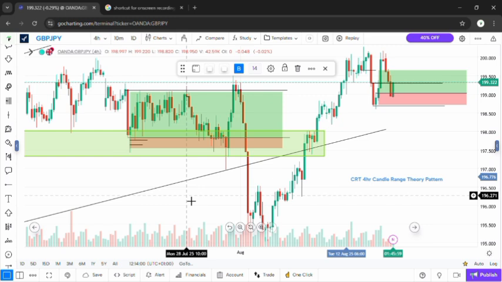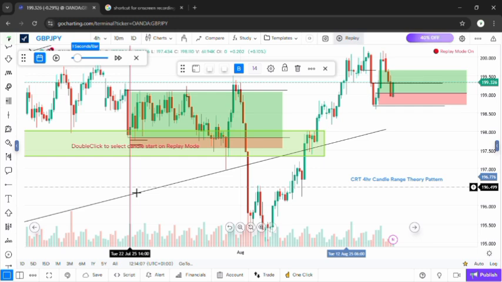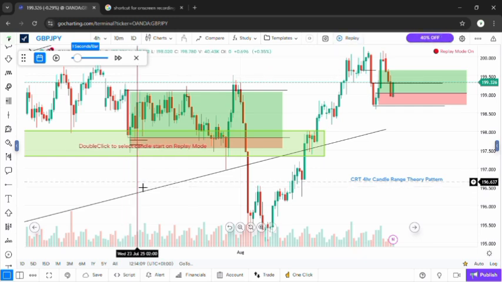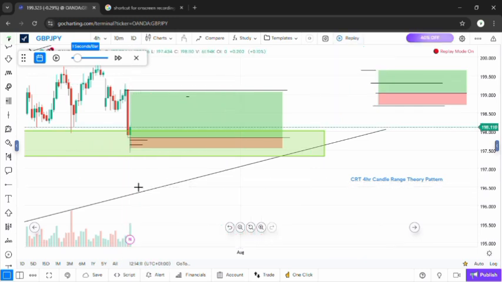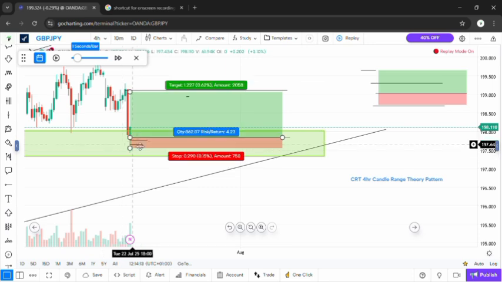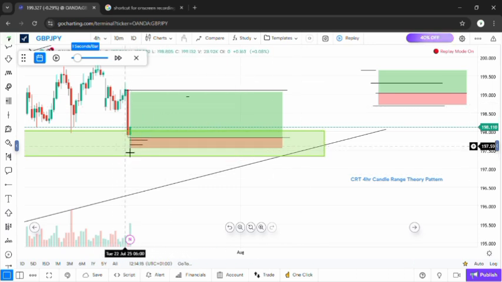Now, if you look at this, okay, so looking at this now, this bearish candle, this red candle, started forming at around 10 a.m. in the morning, 22nd of July, 10 a.m. This big red candle.